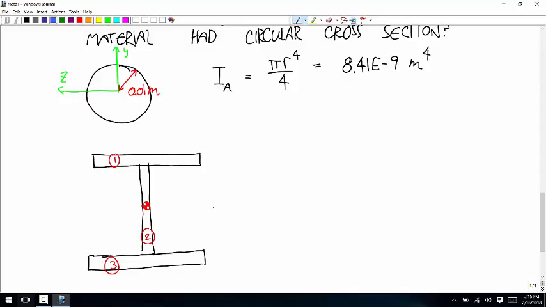And so the neutral axis is like this. And so what we have to do is calculate the area moment of inertia of this rectangle about its own neutral axis, and then use the parallel axis theorem to calculate it about the overall neutral axis. Then same thing with this one, and same thing with this one.